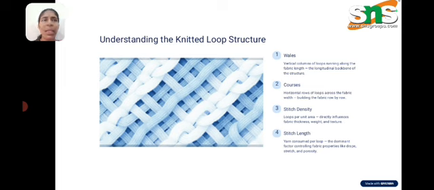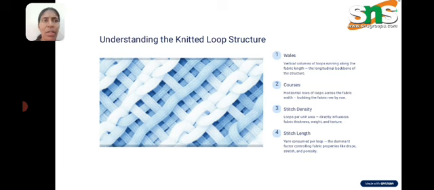Understanding the knitted loop structure. These are the terms of knitting. First one is wales, vertical columns of loops running along the fabric length, the longitudinal backbone of the structure. The second one is course, horizontal rows of loops across the fabric width, building the fabric row by row.